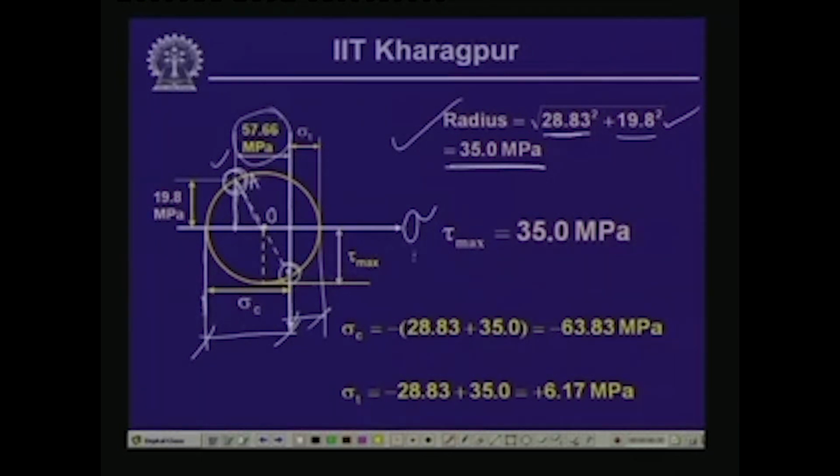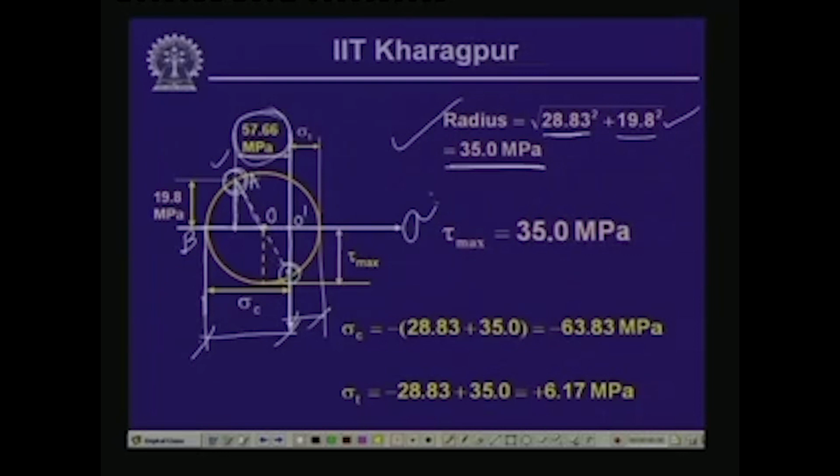Now, what we need to do is compute the maximum compressive stress and the maximum tensile stress. The maximum compressive stress, as you can see from this diagram, let us call this point B. So, OB is equal to half the stress of 57.66 plus the radius. Let us call this point O dash.